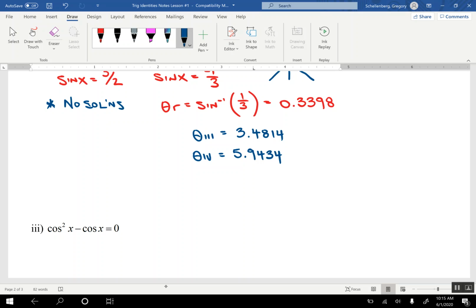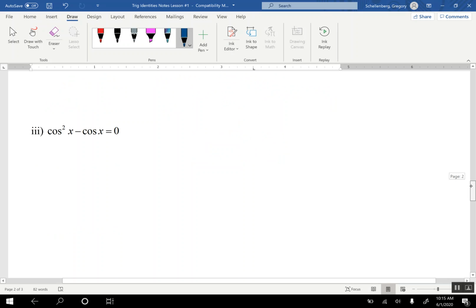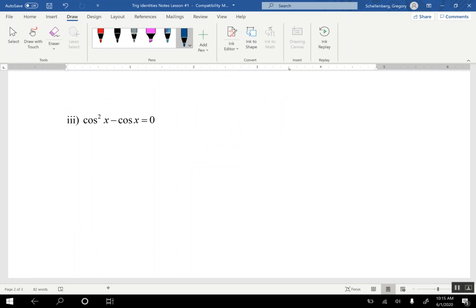Okay, and moving along here, we've got cos squared x minus cos x is equal to 0. Those two terms on the left-hand side have a common factor of x. So let's factor, not a common factor of x, a common factor of cos x.